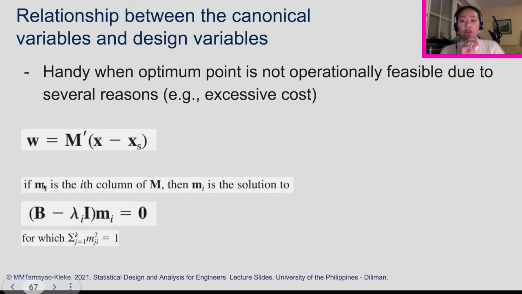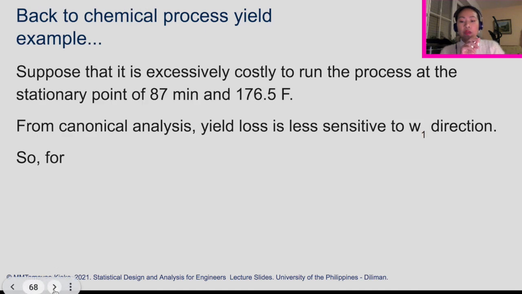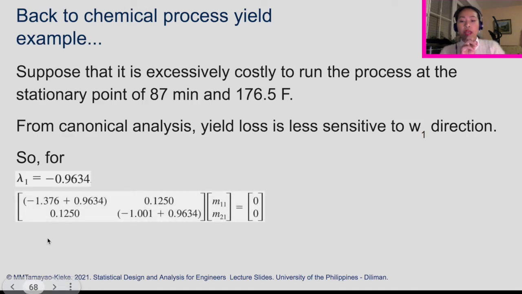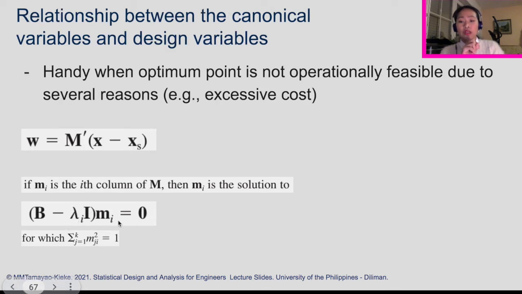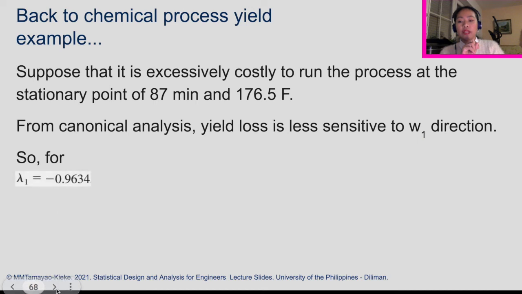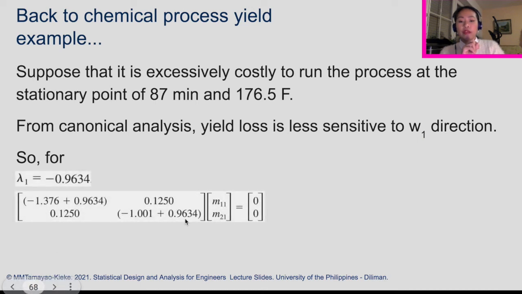So we go back to this, and for lambda 1 equal to negative 0.9634, we would have this matrix. This would be the B minus lambda I matrix, times M11, M21 is equal to 0.